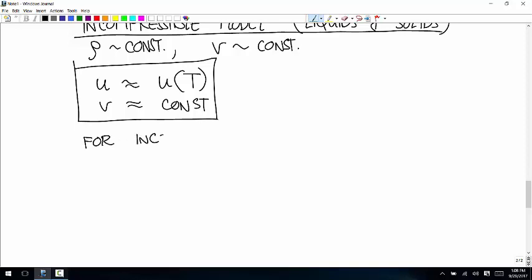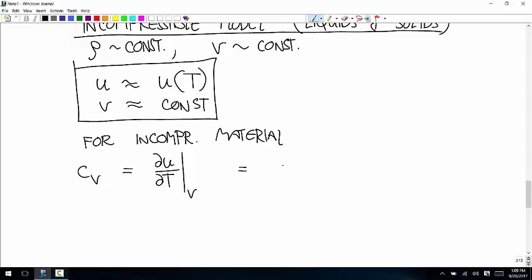So for an incompressible material, remember that the constant volume specific heat is the partial of U with respect to temperature for a fixed volume. Well, what this is saying is that in general, the specific internal energy is a function of temperature and volume. But now with our assumptions, volume isn't a variable anymore, it's a constant.